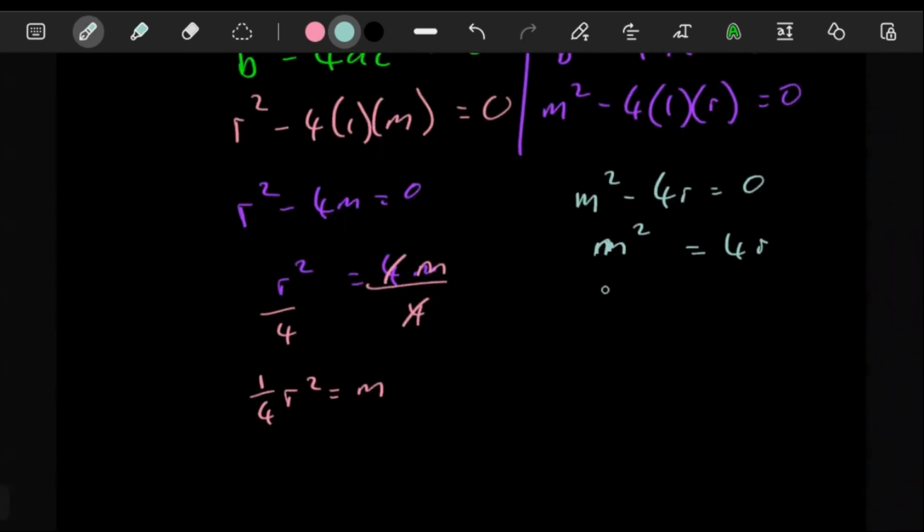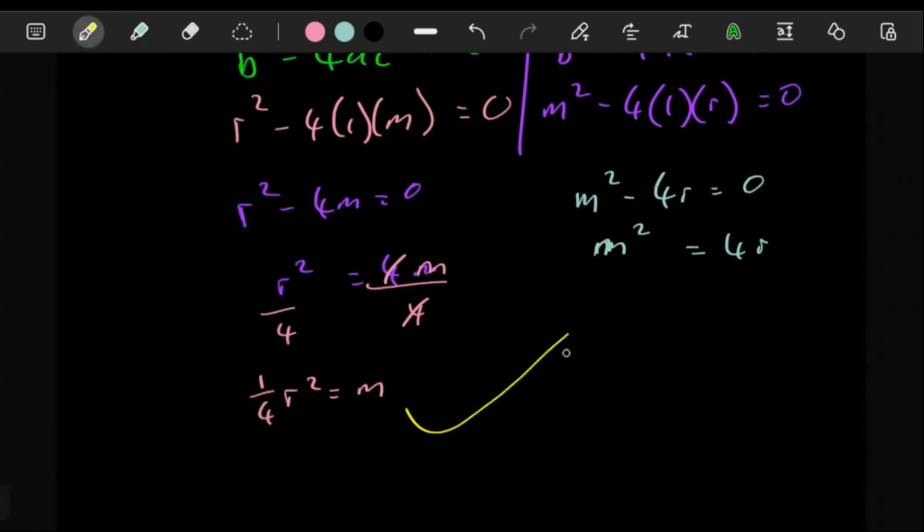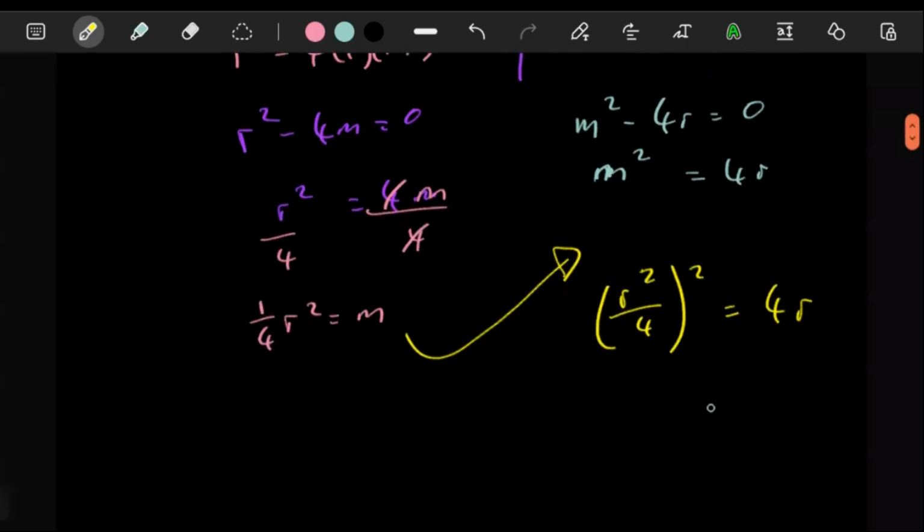But how is that going to come out? Yeah, let's just do it. If you throw this in there, you're going to have r squared over 4, squared, equal to 4r. Let's just remember the square goes for the top and the bottom.